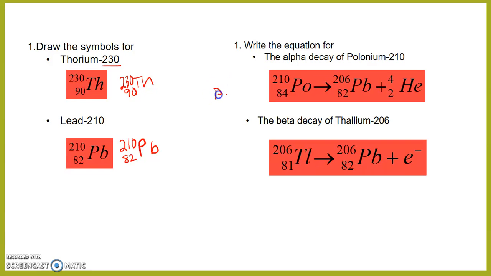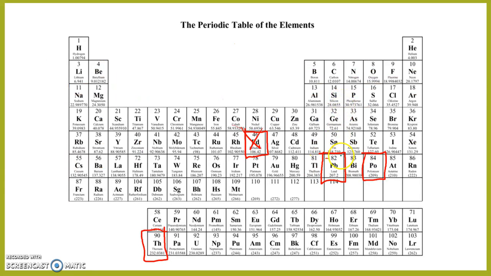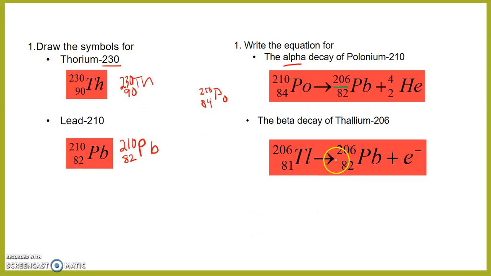So we take Po-210, 84, and remember that you're taking that helium atom for alpha, so you're going to subtract 4 from 210, and you get the 206 up here. 206 is from subtracting 4 from 210, and then subtracting 2 from 84, we get 82. If you need to figure out what symbol is 82, you look at your periodic table, and we've already found it, which was lead, Pb, not Pd, and that's how you write that equation.